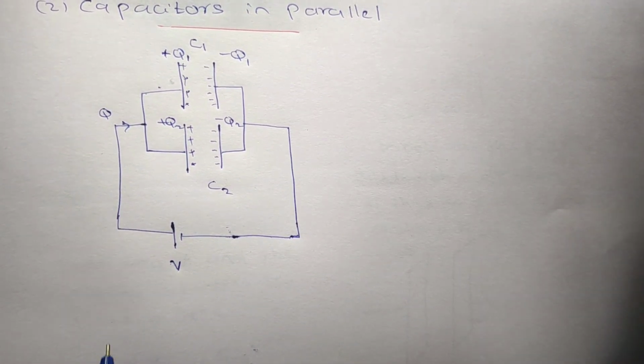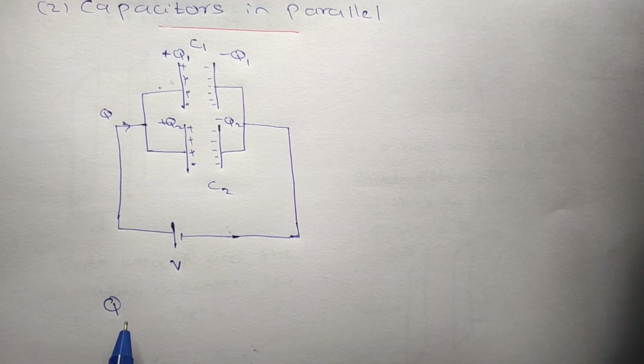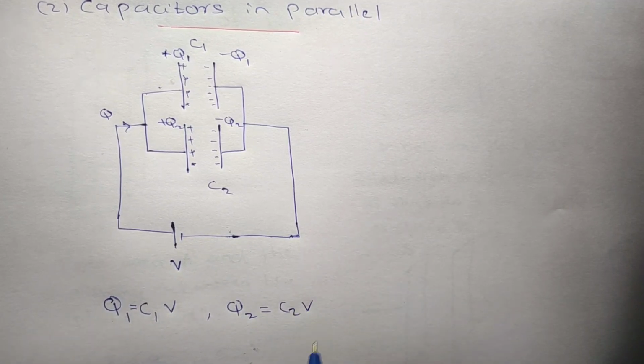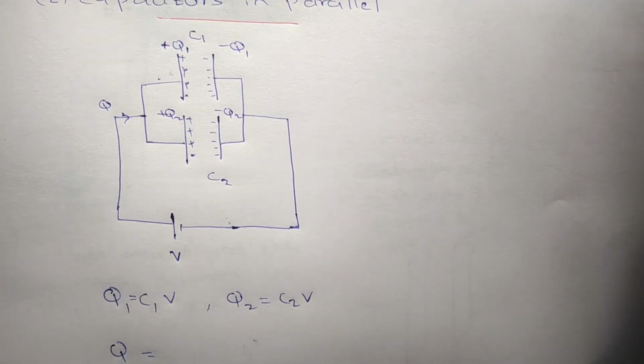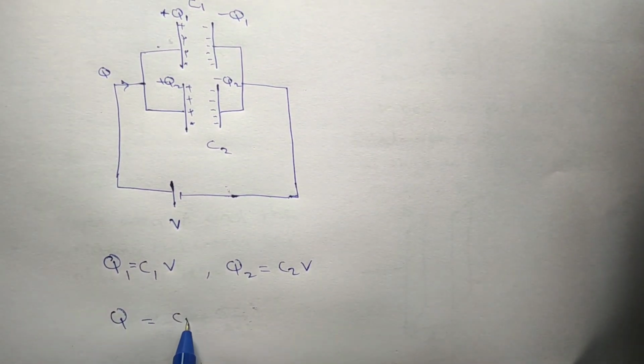Clear? Okay. So what is the charge stored in the first capacitor? Q1 is equal to capacitance times potential difference, that is C1 into V. The charge stored in the second capacitor is equal to C2 into V. Net charge Q is equal to Q1 plus Q2, that is C1V plus C2V.